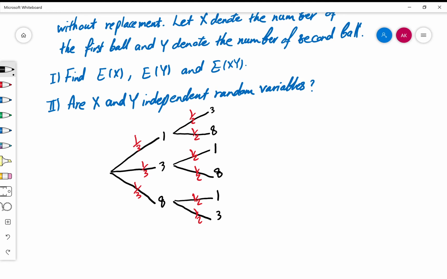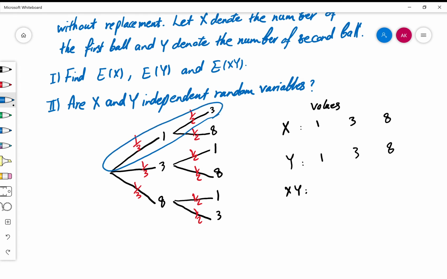So let's just start with the values. X can be either 1, 3, or 8. How about Y? Y again can be 1, 3, and 8. How about X times Y? You have drawn two balls, and now you multiply the numbers.